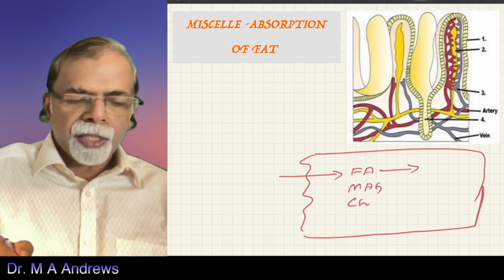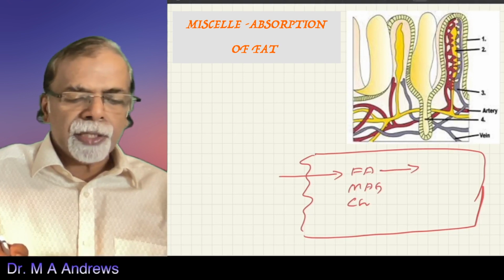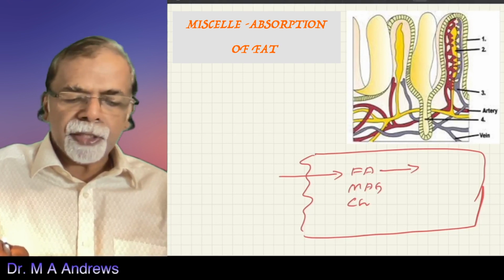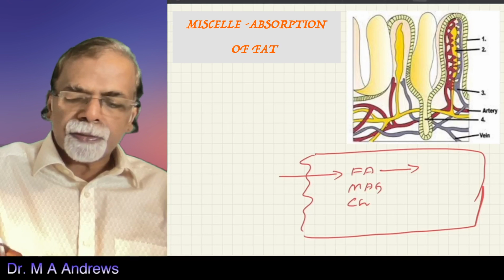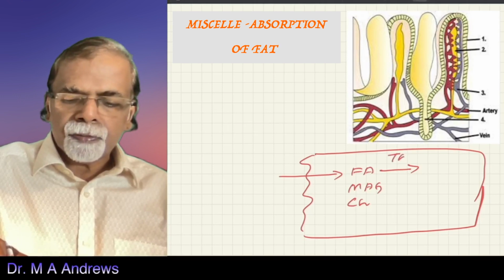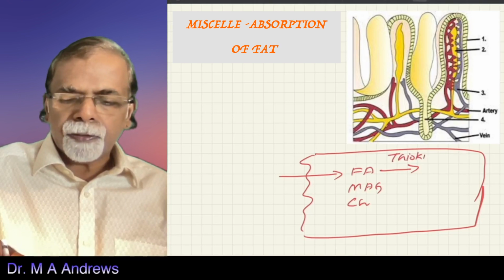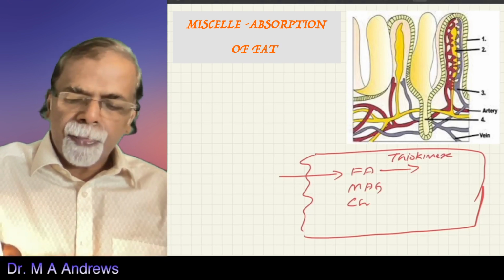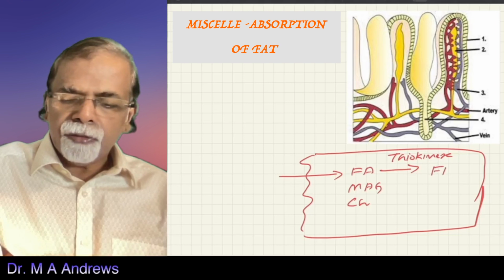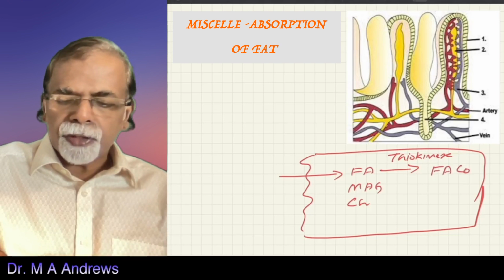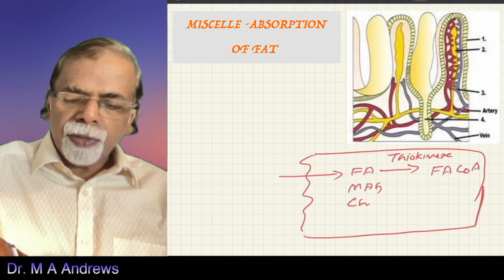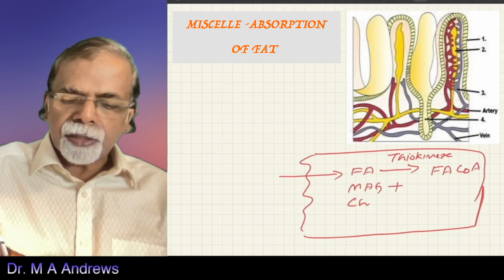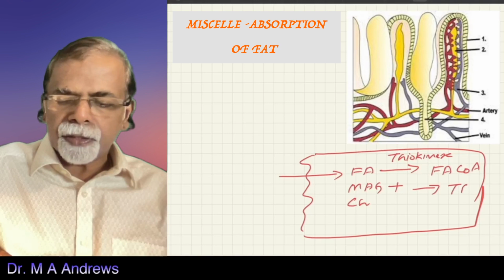The fatty acids are activated by the enzyme called fatty acyl coenzyme A synthase or thiokinase, and fatty acid is converted to fatty acyl coenzyme A. This will combine with the monoglyceride and is converted to triglyceride.